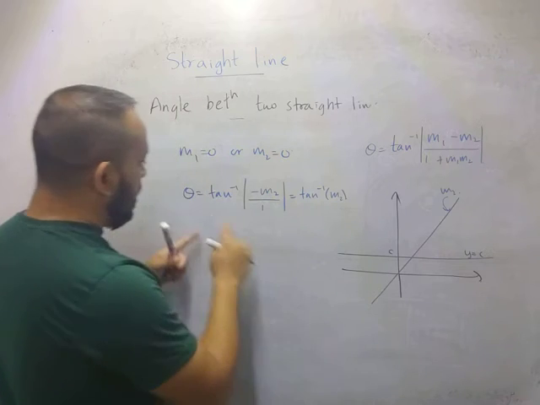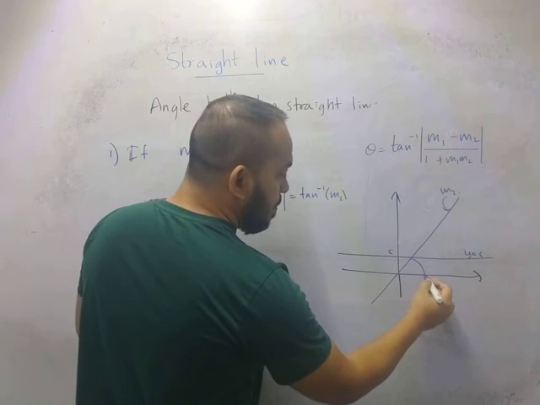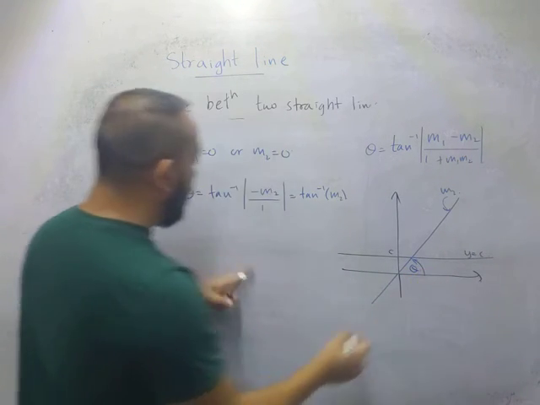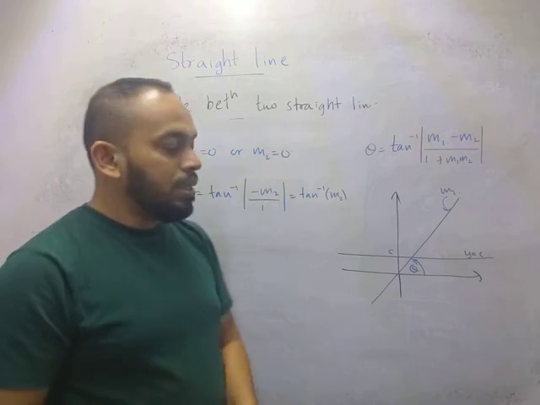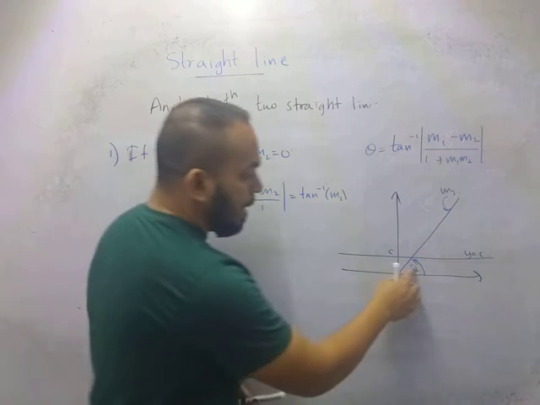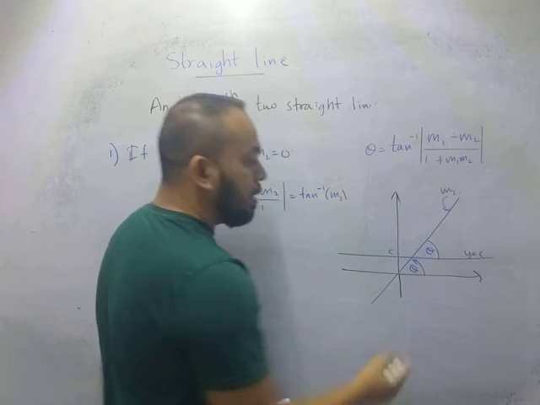So m2 has an angle here. This would be theta, the same theta. So the angle between these two would be theta.